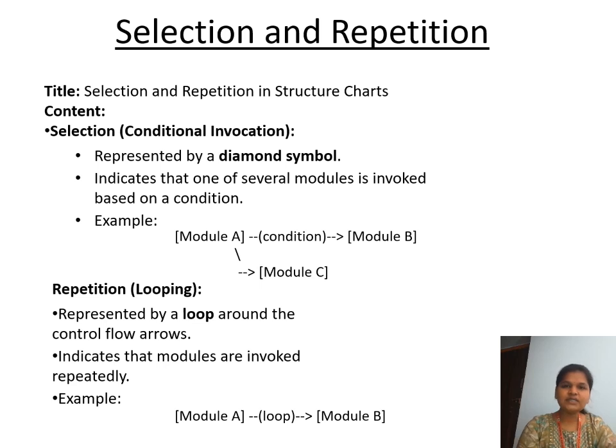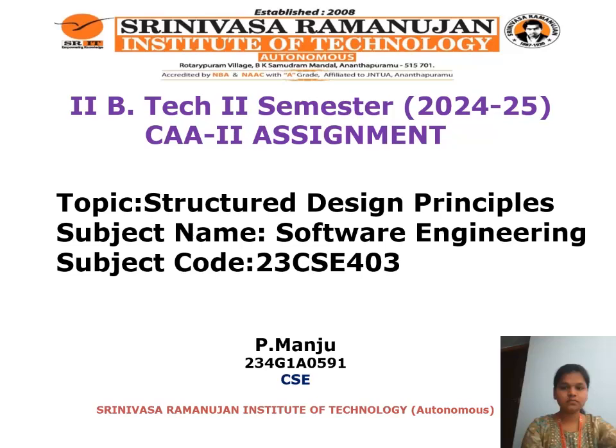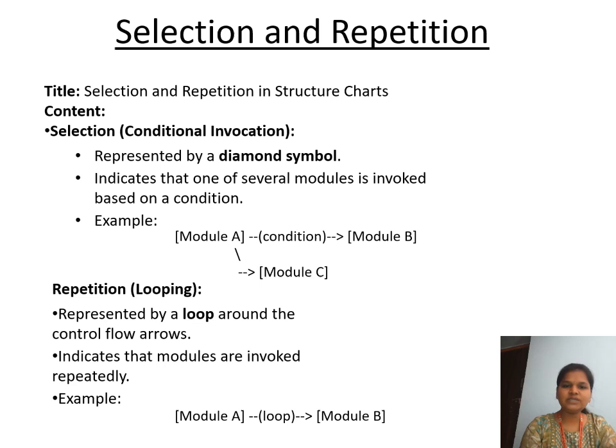So selection and repetition. Selection means conditional invocation, represented by a diamond symbol, which indicates that one of several modules is invoked based on a condition. So for example, module A, condition, and module B. Here there is a condition between module A and module B, and the final output is the modules.